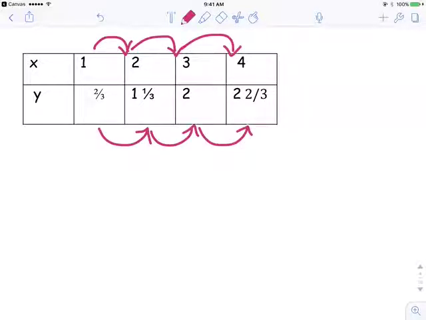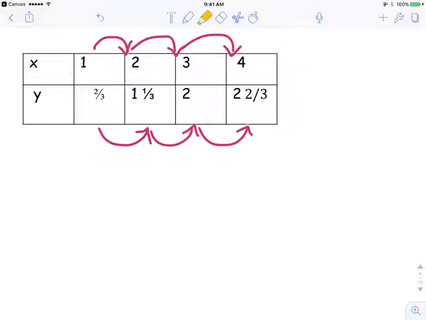So when I do that, I have 2/3 going to 1 1/3. I have 1 1/3 going to 2, and then I have 2 going to 2 2/3. So I know that I'm going upward.